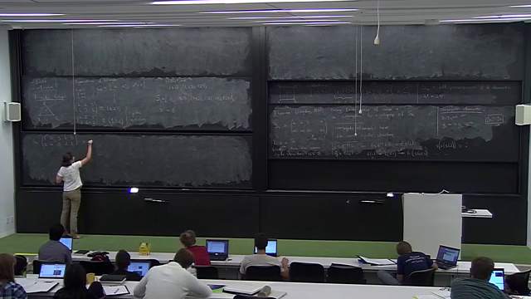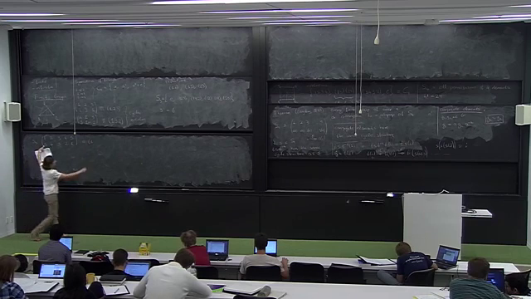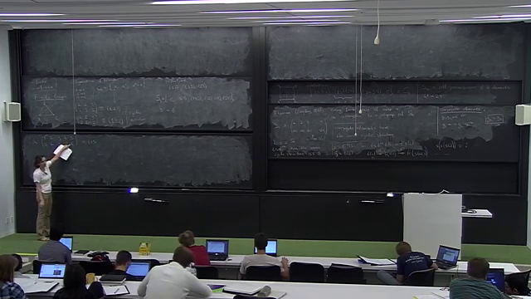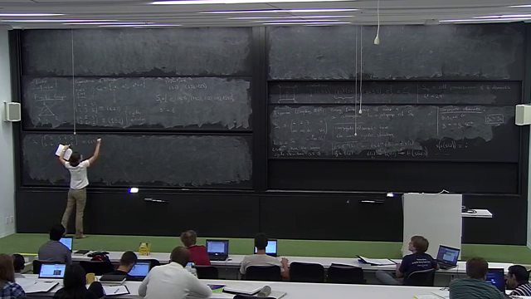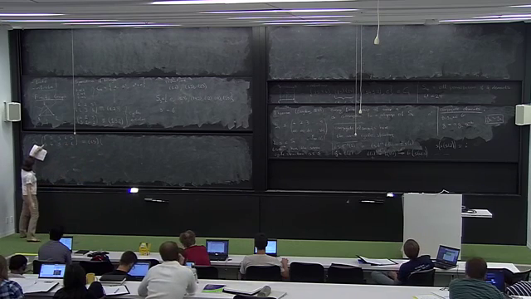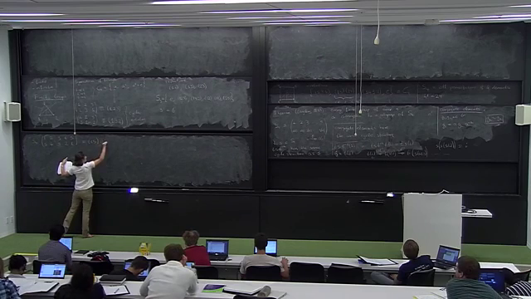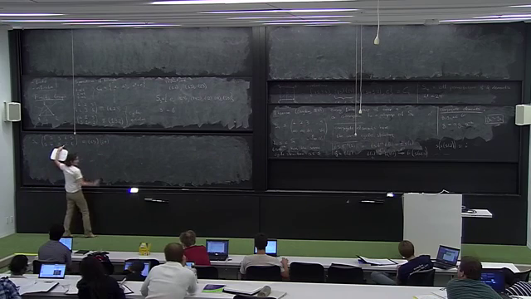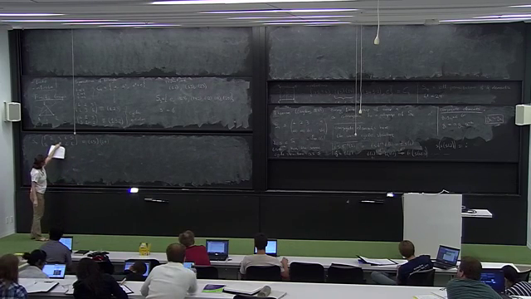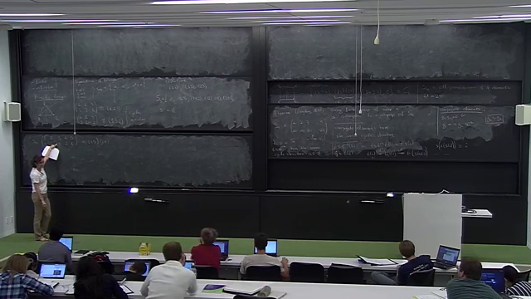I always start with 1. 1 goes to 5, and then 5 goes to 1. So this cycle has to close here. How about 2? 2 goes to 4, and 4 goes to 2. So this cycle also closes here. 3 remains invariant, so I don't need to write it there.